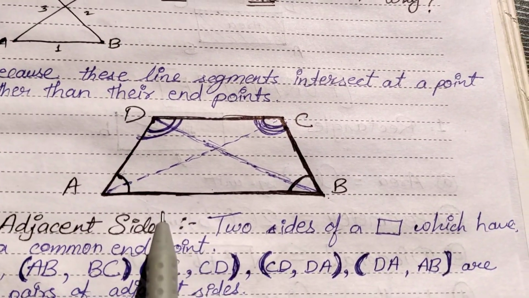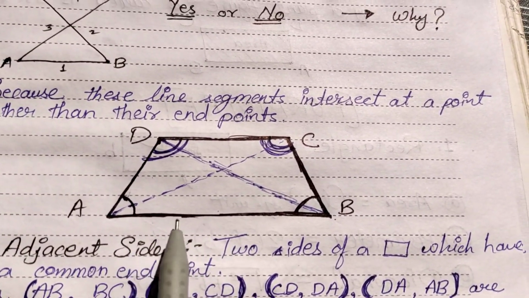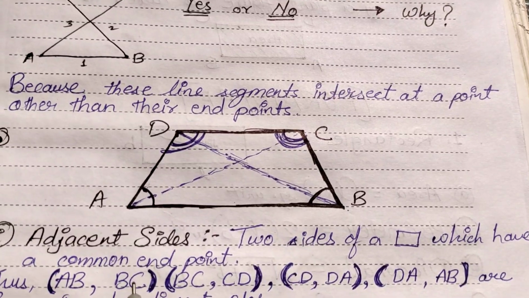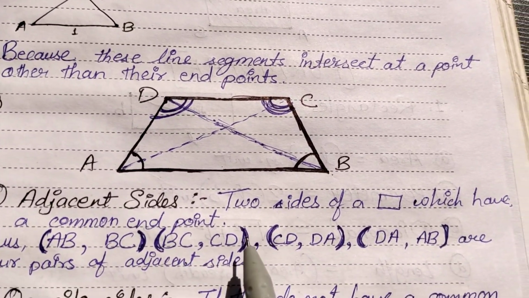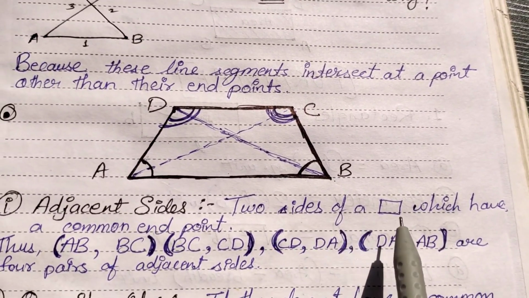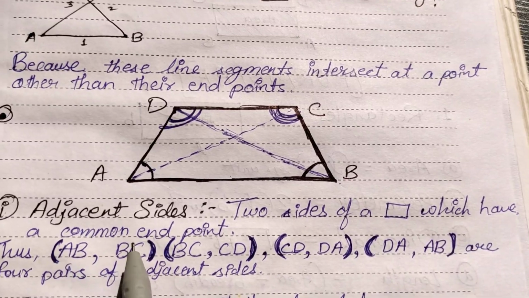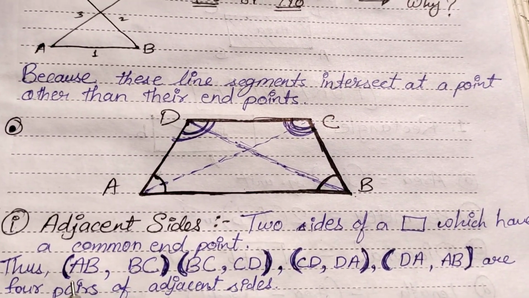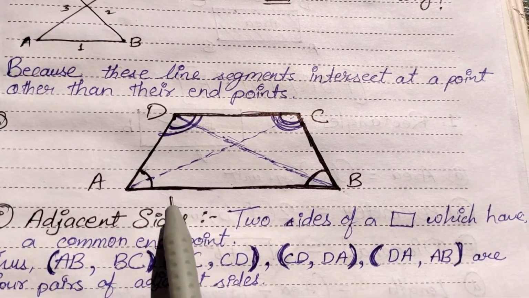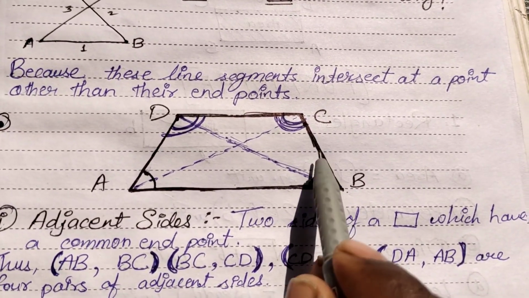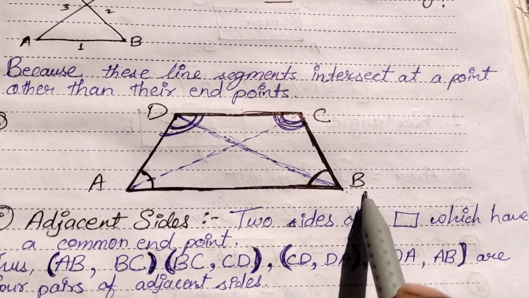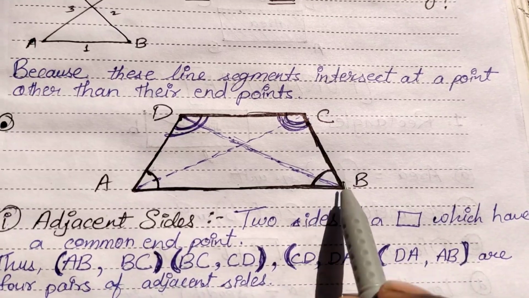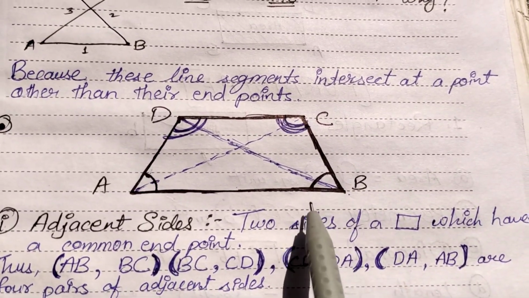Now here you can see a quadrilateral ABCD. Now what are adjacent sides? Two sides of a quadrilateral which have a common endpoint are called adjacent sides. Now see, line segments AB and BC have a common endpoint B, so AB and BC are adjacent to each other.